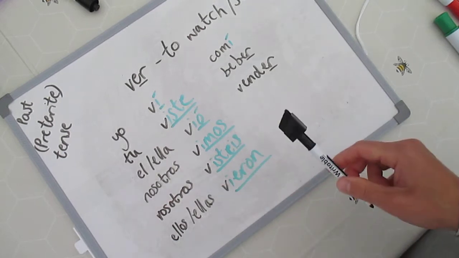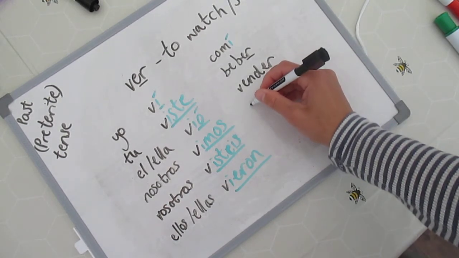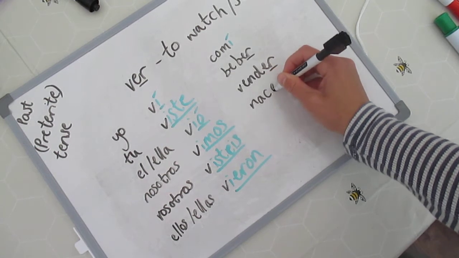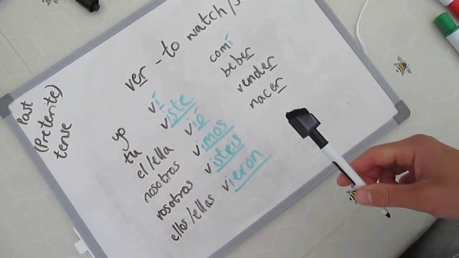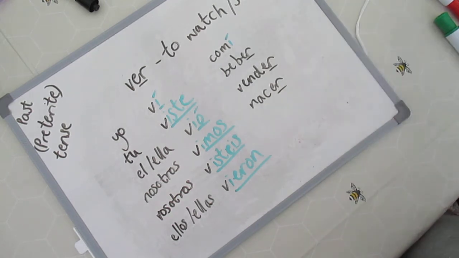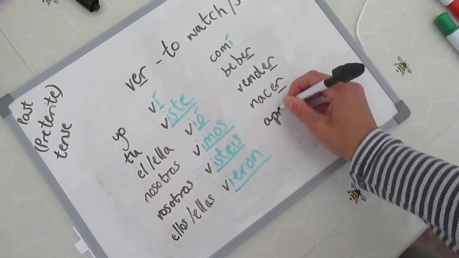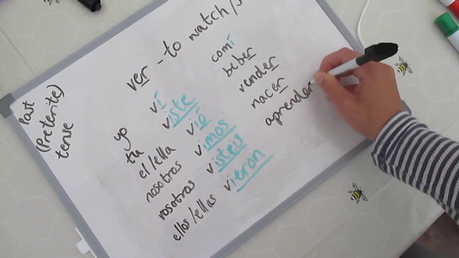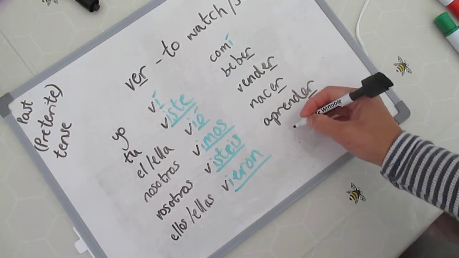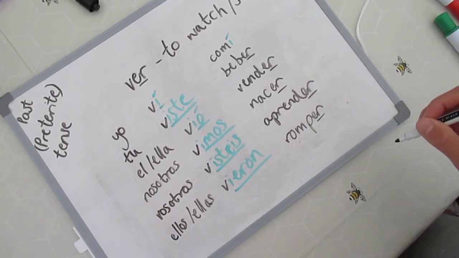Vender for él and ella, vender means to sell. Nacer for nosotros, nacer means to be born, so like I was born or we were born in whenever. Vosotros, have a go at aprender, that means to learn. And then the last one, romper, that means to break.